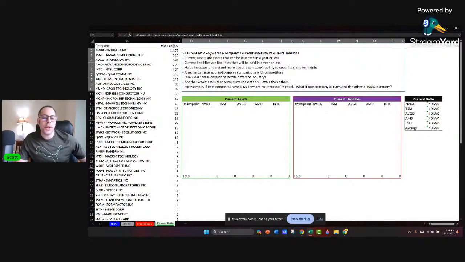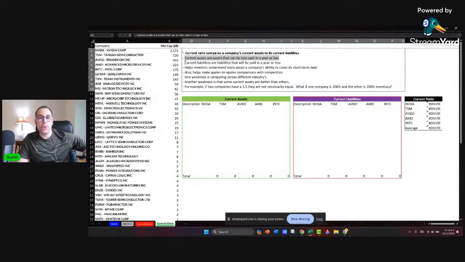Anyways, the current ratio compares a company's current assets to its current liabilities. That's the formula: current assets over current liabilities. In case you don't know how current assets are defined, they're assets that can be turned into cash in a year or less. So highly liquid assets.